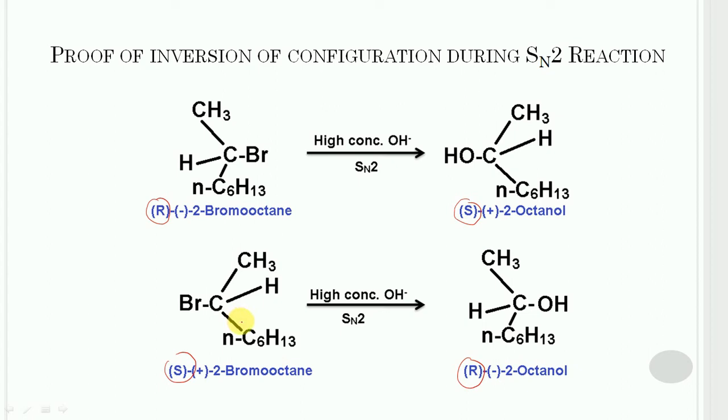Further, we can say that the final product formed has the inversion of the configuration as compared to the starting reactants. So it is all about the proof of the inversion in case of SN2 reactions.